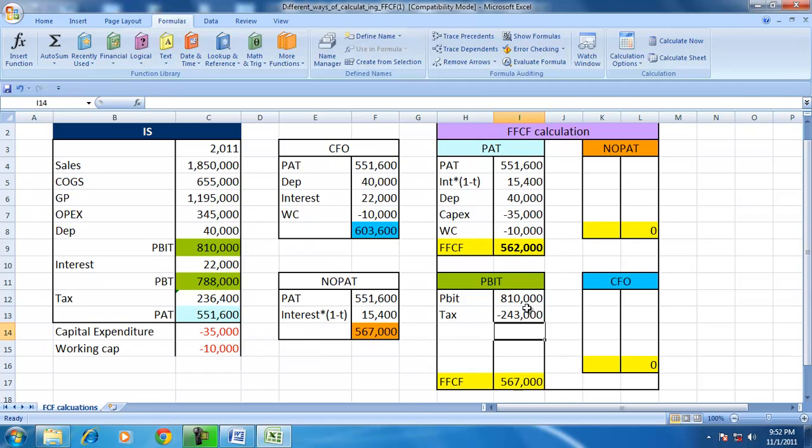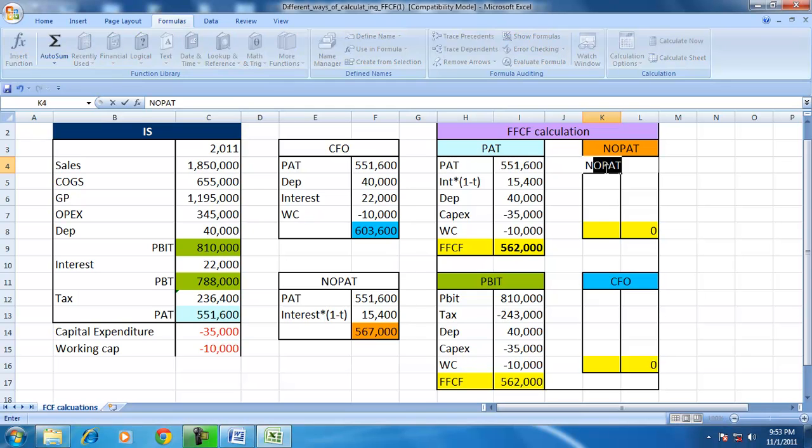Then add back depreciation, which we know is a non-cash item, less capex and less working capital. Capex is minus 35 and working capital is minus 10, so free cash flows for the firm is 810 minus 243, capex minus 35, and working capital minus 10, so 562,000.